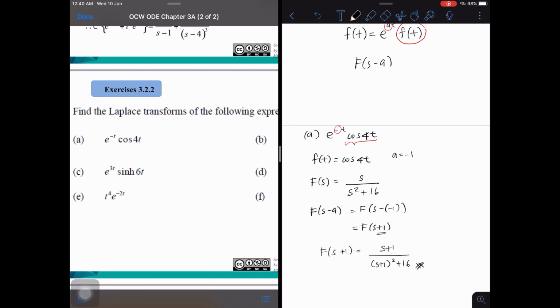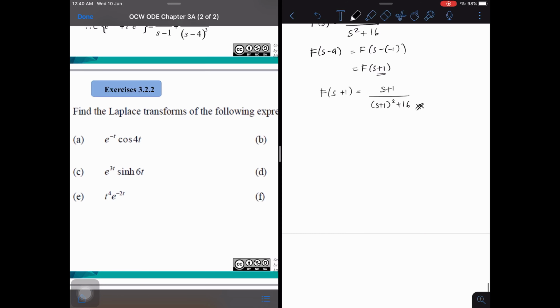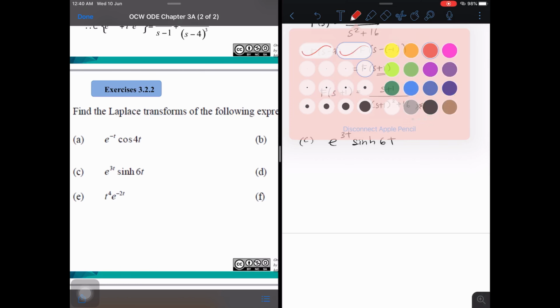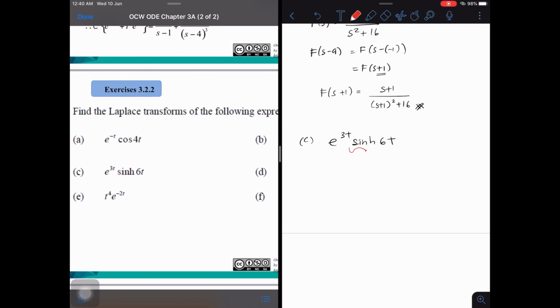Let's look at the second question here, question C, where you have the function exponent 3t sine hyperbolic 6t. If you see here, you can see two functions. The first function f(t) times the second function, which is the exponential function.